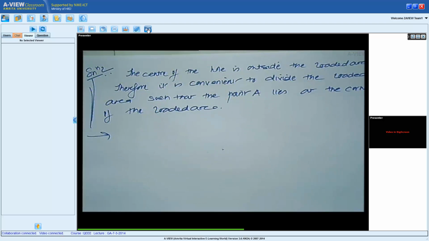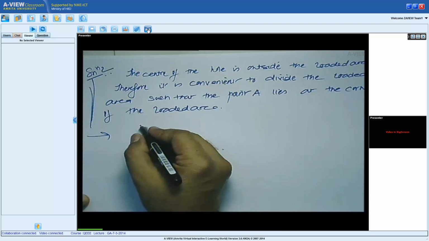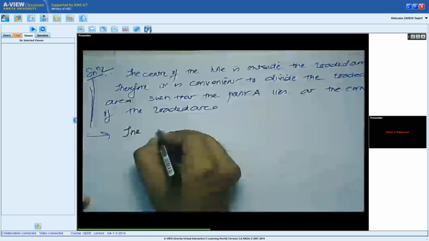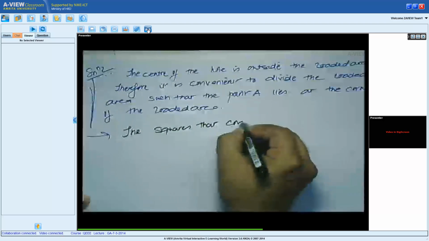We can then conveniently delete the area or the squares that cover the hole.